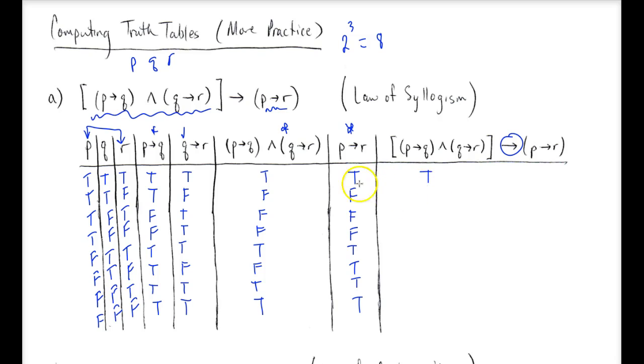So we have true and true is true, false and false is true, false and false is true, false and false is true, true and true is true, false and true is true, true and true is true, and true and true is true. So we see here that in every situation, we end up with all situations being true. And so by that, we know that this is what we call a valid argument.